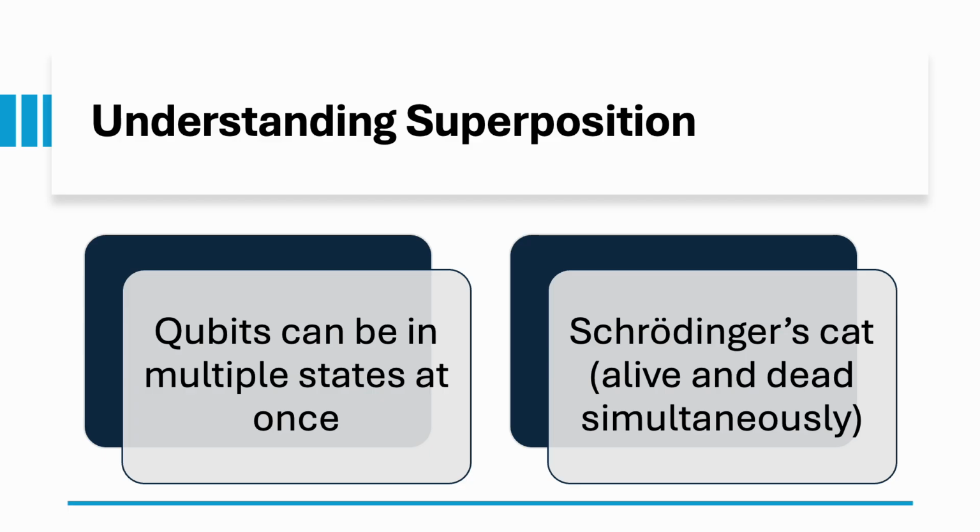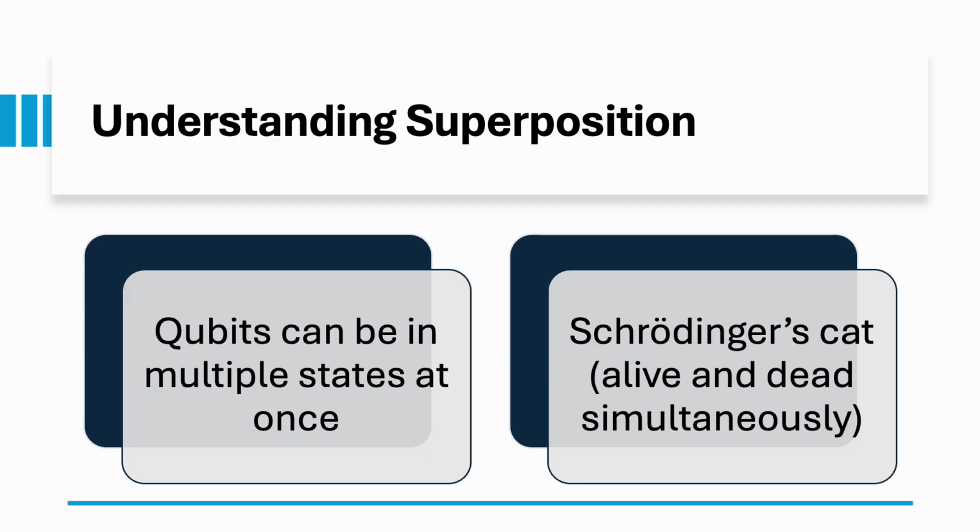This is not just our lack of knowledge about which state it is in. The qubit genuinely exists in both states at once, with different probabilities for each outcome. A single qubit in superposition represents both 0 and 1 at the same time. 2 qubits can represent all 4 combinations, 0 0, 0 1, 1 0, 1 1, simultaneously.